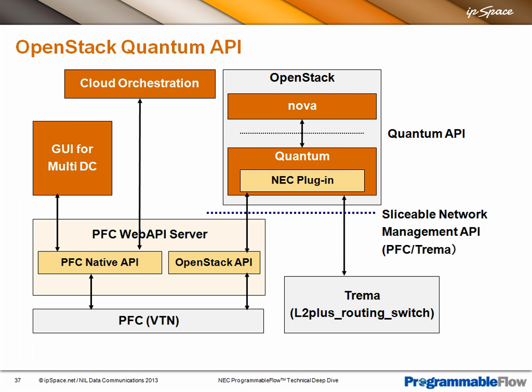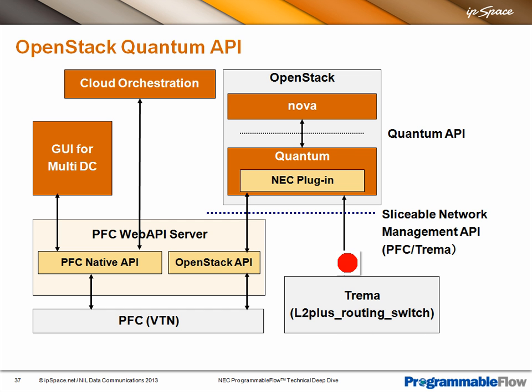And one very popular case of an orchestration system is OpenStack. What we have now with the new release of ProgrammableFlow is the Quantum plugin, which connects to the PFC Web API server. So we can now use either GUI with native API or whatever cloud orchestration software that you write yourself, or OpenStack with Quantum plugin, and then you have the OpenStack API.